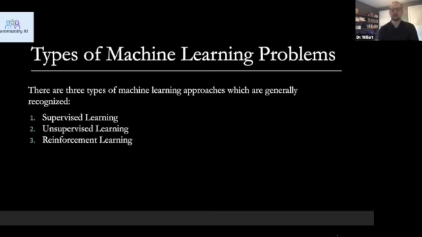The first is called supervised learning, the second is unsupervised learning, and the third is reinforcement learning. If you were to have picked up a book maybe 5 years ago, it may not have discussed reinforcement learning, but this is actually a really cool topic that is gaining popularity every day, and the field is changing as we currently speak.